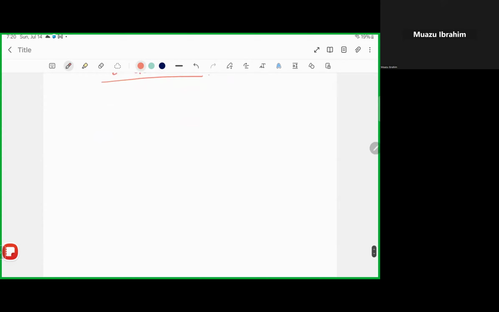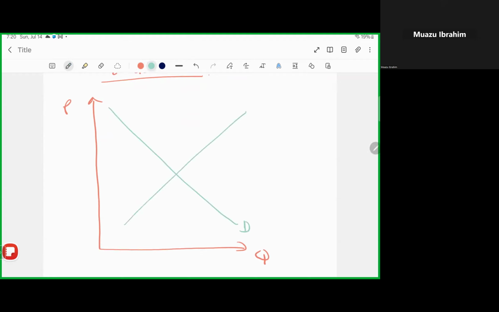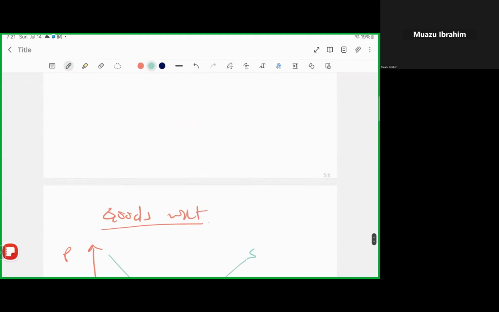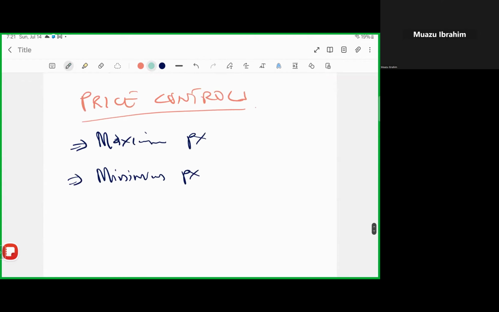If we have this as the quantity, and this as price, this as the demand, and this as the supply. Remember, we are looking at price controls as the maximum and minimum price at which a particular good can be traded. So there are limits to which you can trade this particular good.